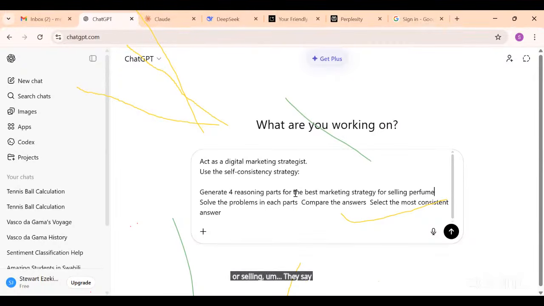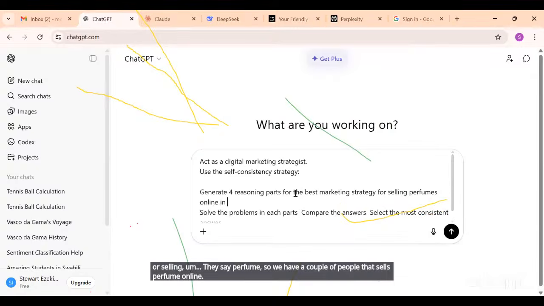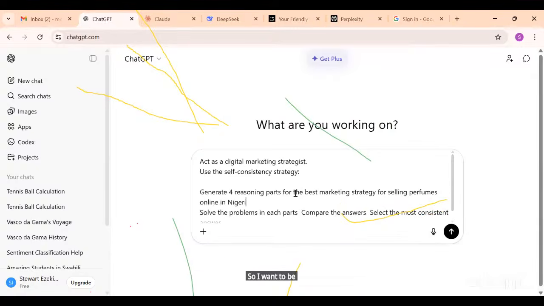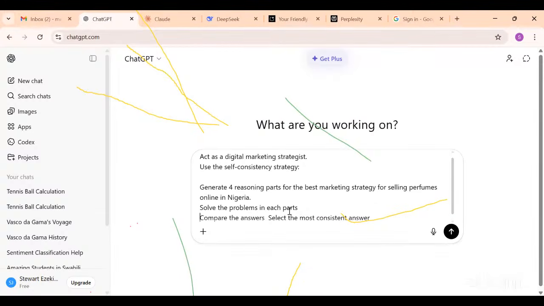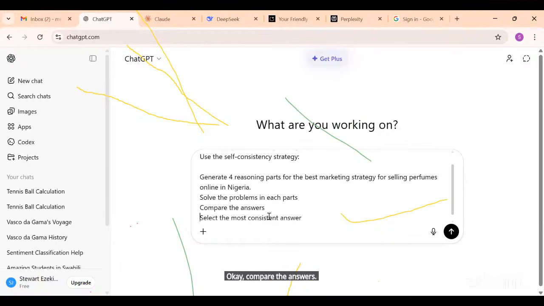So we have a couple of people that sell perfume online. I want to be specific, so I say Nigeria. All right. So I'll ask you to solve these problems, solve this problem in each part. Okay, compare the answers. And I'll ask you to select the most consistent answer.